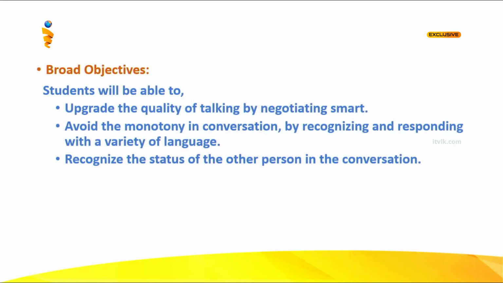And also recognize the status of the other person in the conversation. If the other person uses some smart phrases, it gives us a hint about the level of English of that particular person. And also, finally, ultimately, all together, it builds up the confidence in communicating.